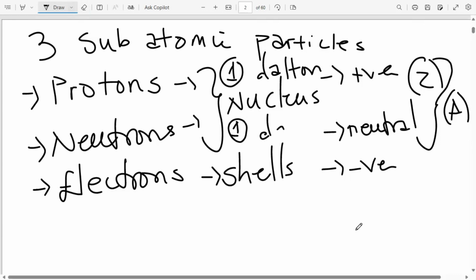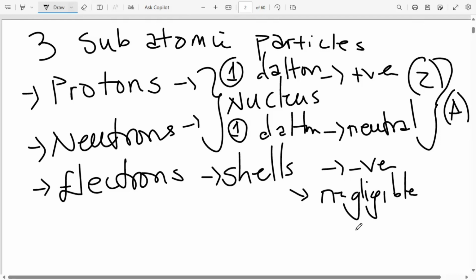And the mass of an electron is negligible. These guys that are found in the energy levels, their masses are negligible, which means we can just neglect the mass of electrons when we are considering the mass of an atom.